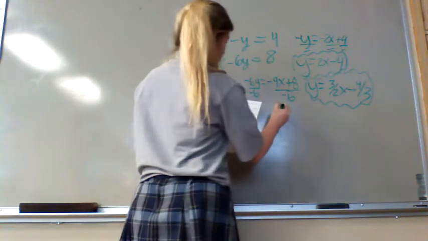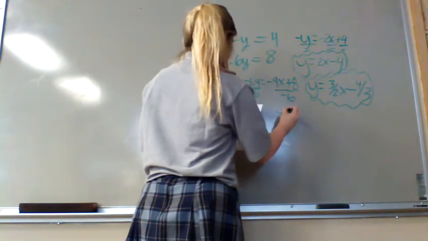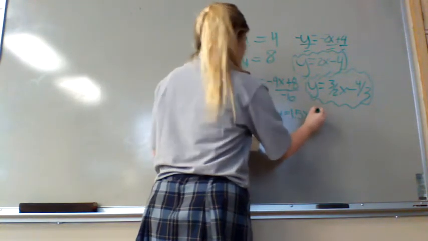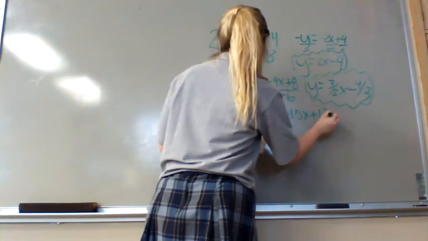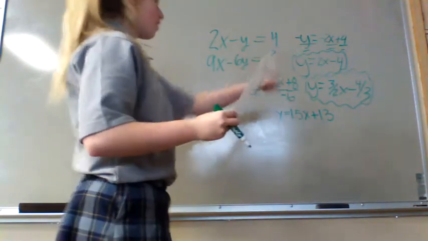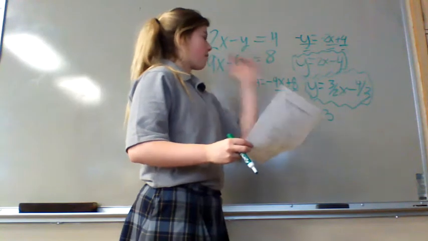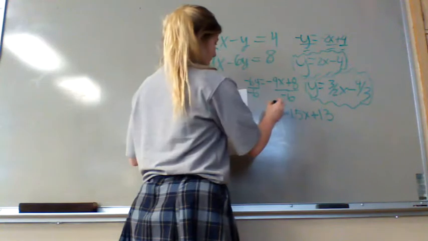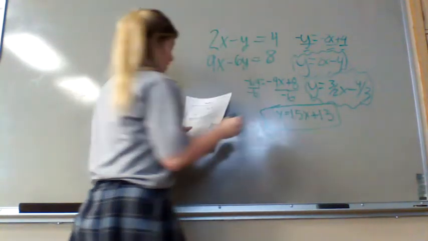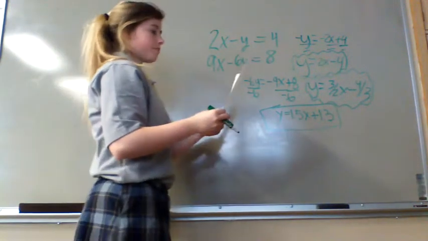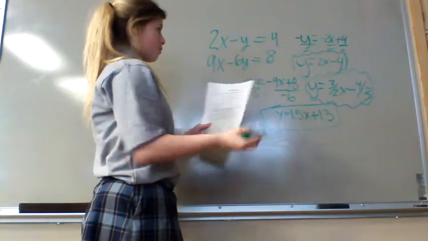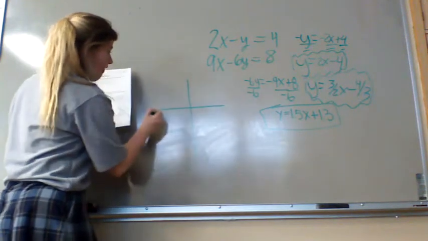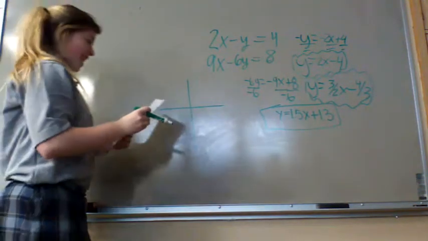So we got y equals 1.5x minus 1.3, and that's because this becomes 1.5 and that becomes 1.3. After we went through this, we set up our graph. Looks good.